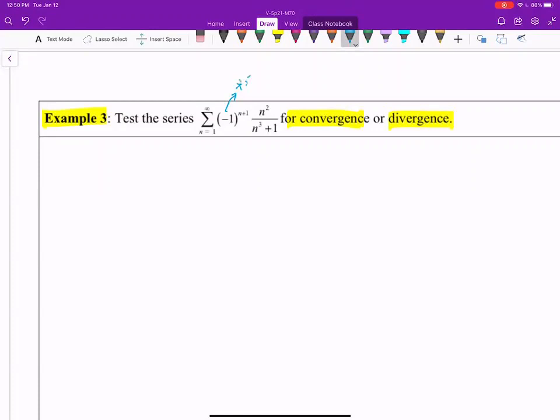So that makes it an alternating series. Because the given series is an alternating series, you would apply the alternating series test.